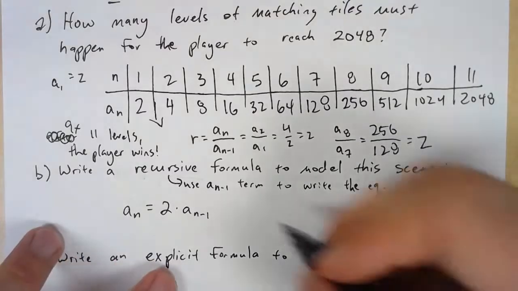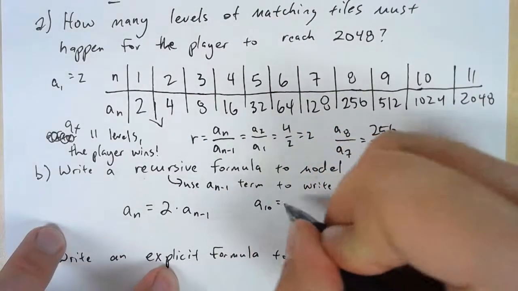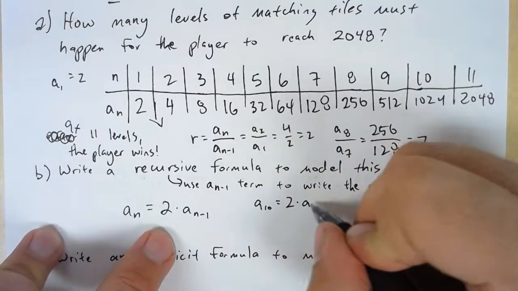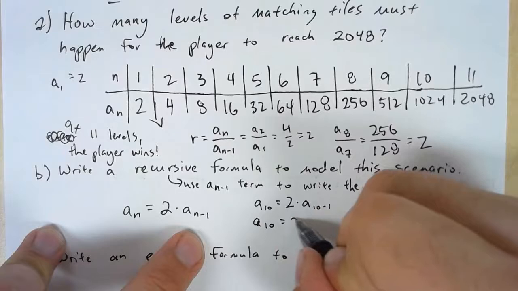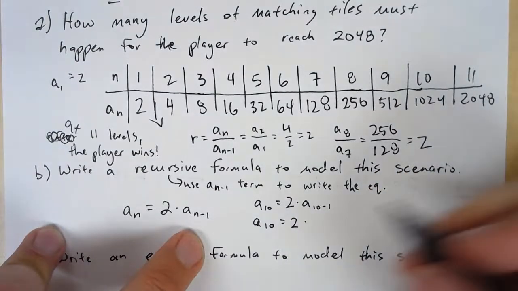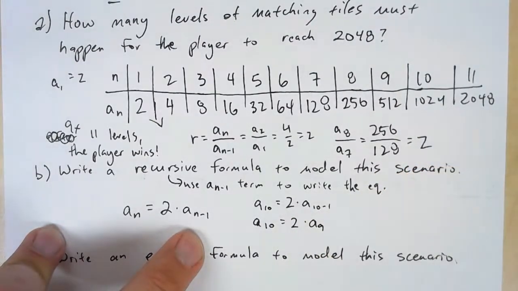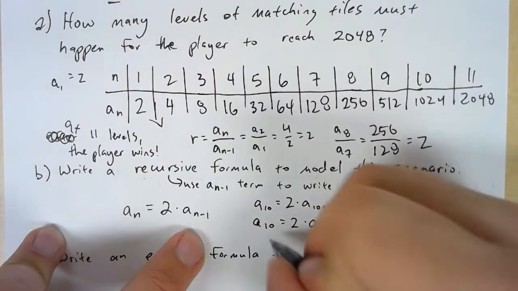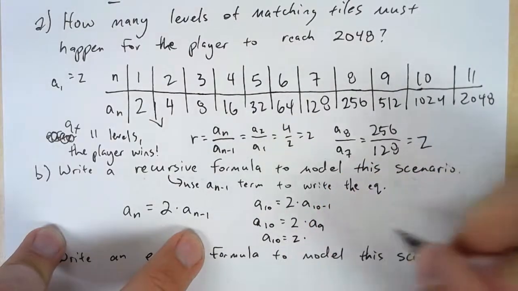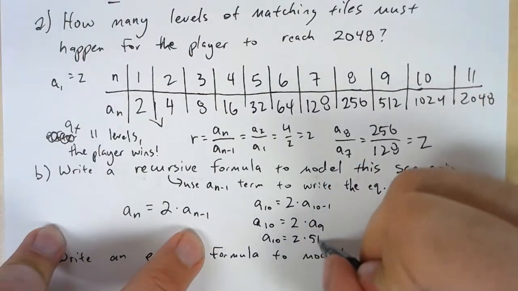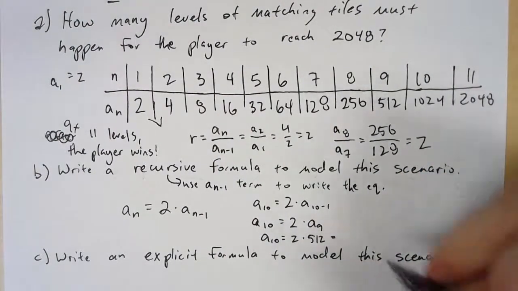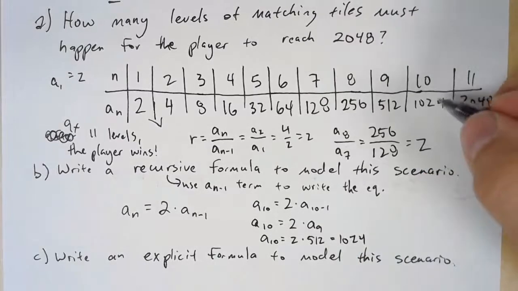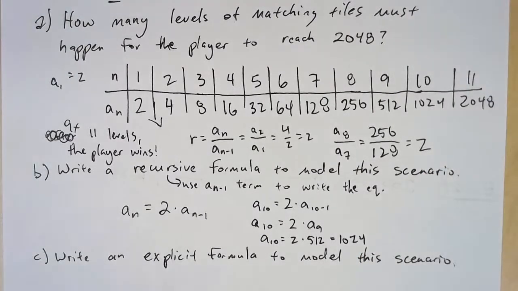If we were looking for a sub 10, we'd say a sub 10 equals 2 times a sub 9. a sub 9 is 512, and 2 times 512 is 1024, which is what we had predicted up here as well. So yeah, that works out.